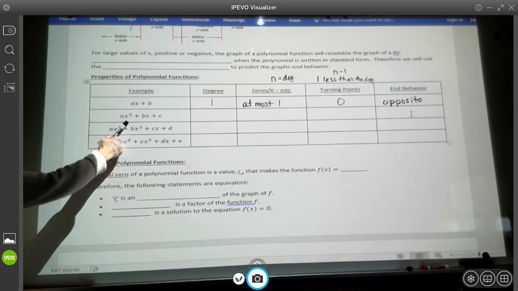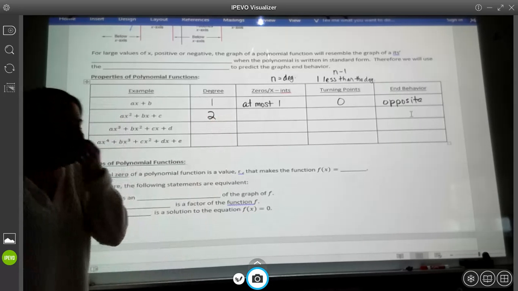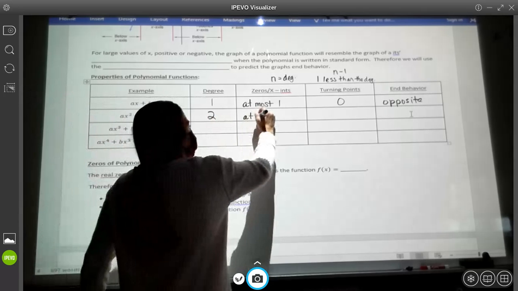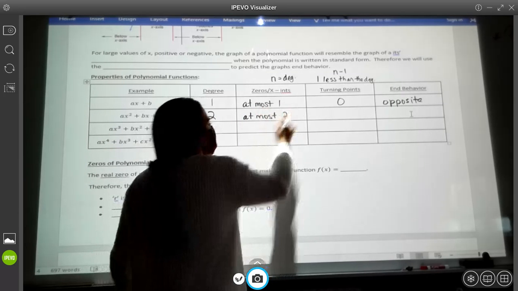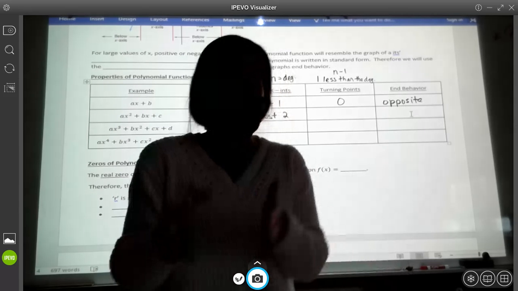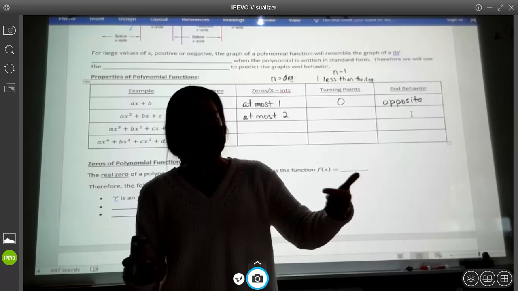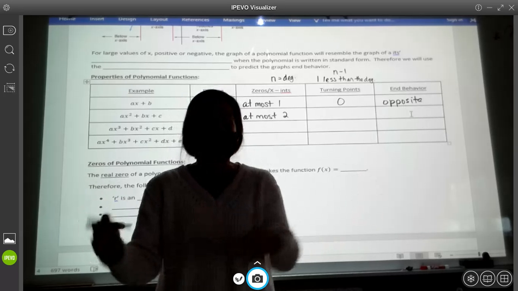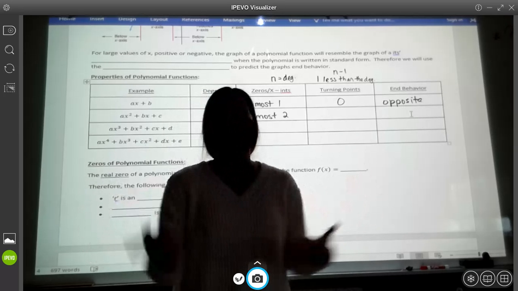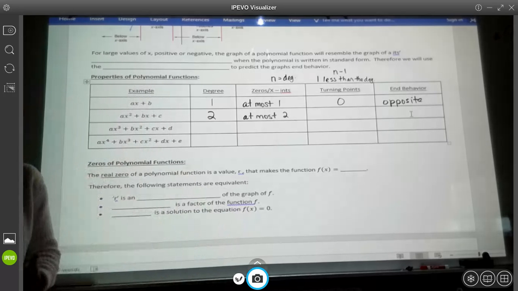All right, a degree 2 polynomial. It can have at most 2 x-intercepts. The reason we say at most is that technically a degree 2 polynomial will have 2 x-intercepts, except sometimes you get the same x-intercept twice, like x equals 3, x equals 3. It still counts as 2, but you could also just list that as 1, so it may not look like it has 2 x-intercepts, but it really does.